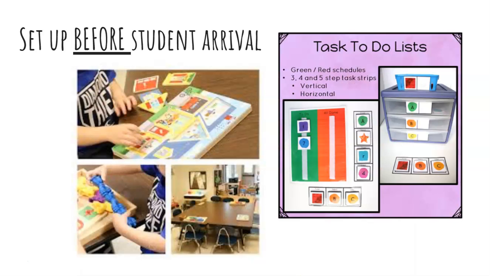The main thing to do, a lot of times, to prevent problem behaviors is to set up the activities before student arrival. So we want to make sure that, for example, we set out table activities for the morning.